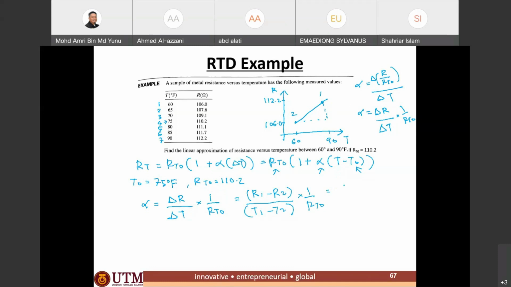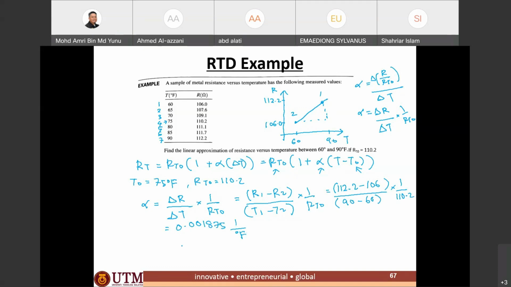So we get 112.2 minus 106, over 90 minus 60, multiplied with 1 over 110.2. So alpha is equal to 0.001875. The unit is 1 over degree Fahrenheit.